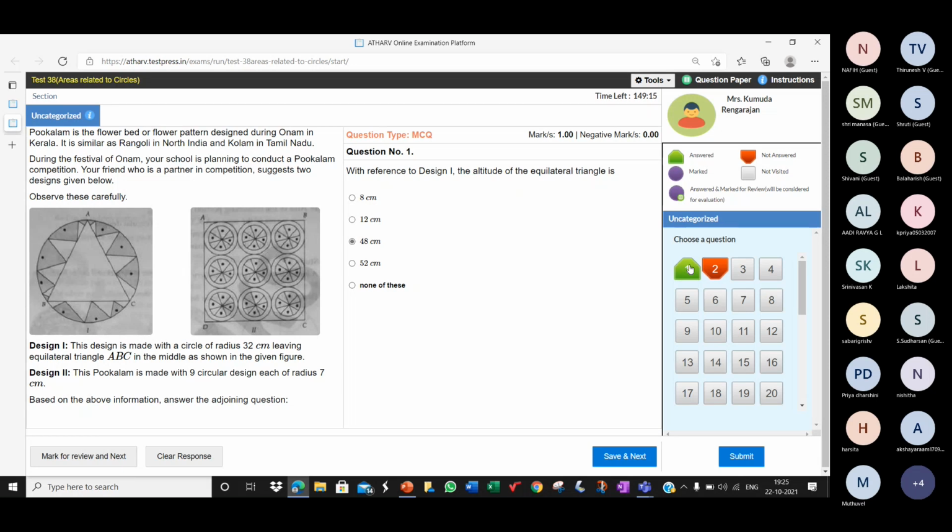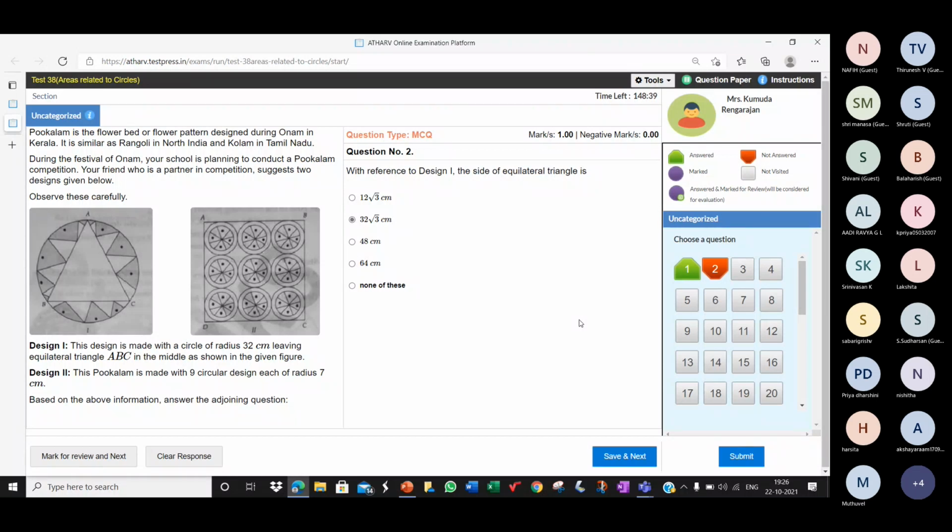What's the answer? Ma'am, 32√3. Correct. Ma'am, when we are doing 48 into 2/√3, then shouldn't it be 96 divided by √3, ma'am?